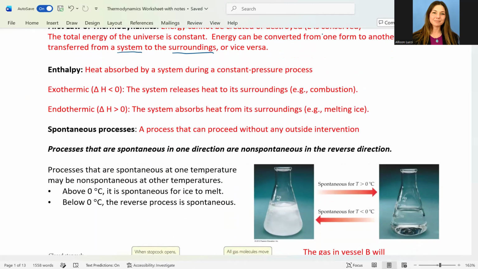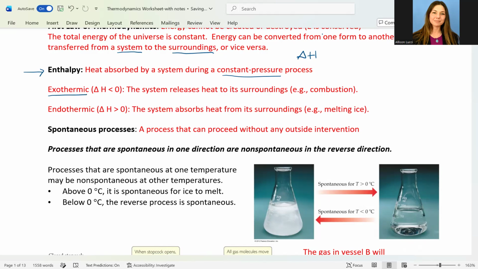You may recall this term here, enthalpy, which I have the definition here as the heat absorbed by a system during a constant pressure process. And we'll elaborate again on what this constant pressure refers to, but if you're familiar with the enthalpy term or the change in enthalpy, delta H, you might recall these terms defined in earlier chapters.